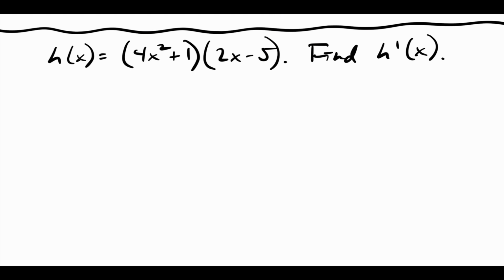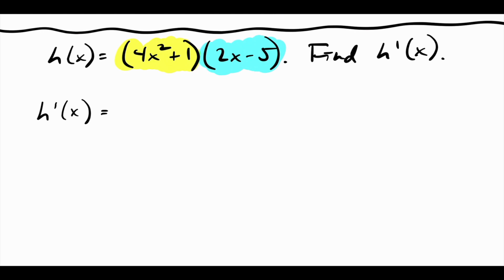We use this when there's two functions being multiplied together. This on its own is a function. This on its own is a function. Right? On their own, they're each separate functions. They're being multiplied together. So this time, we're going to do the same thing, except we're going to use the product rule.